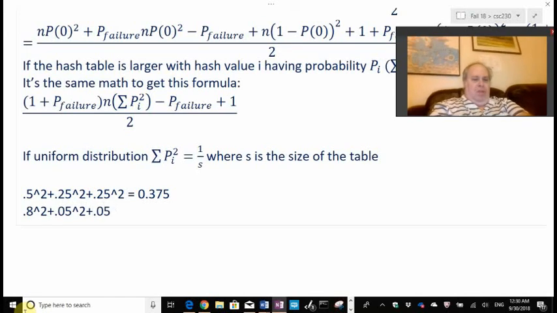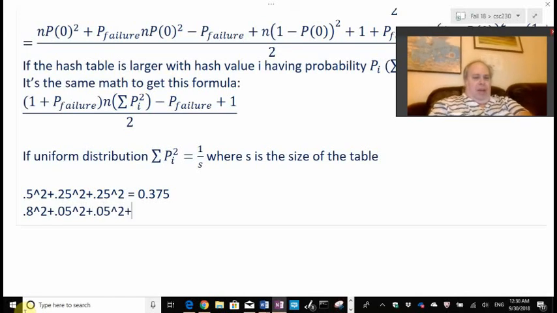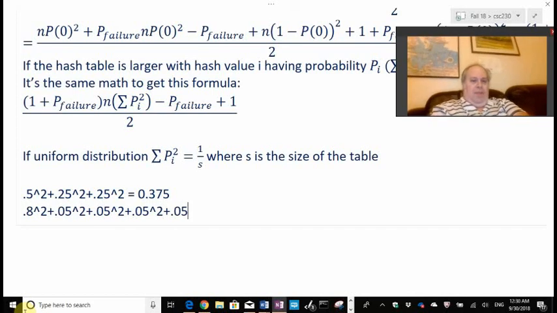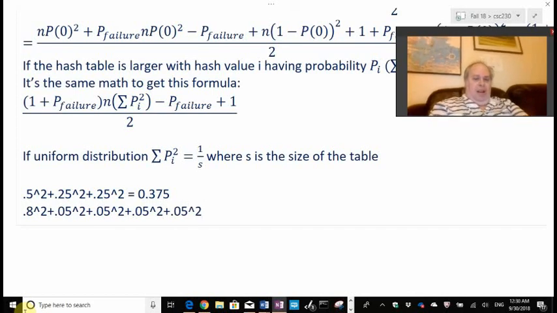Now this one should be much worse, because we're really moving 80% of the stuff into one cell of the hash table. I should rarely write this in a spreadsheet. But that's right, and indeed, instead of getting 1/5, I have 0.65.